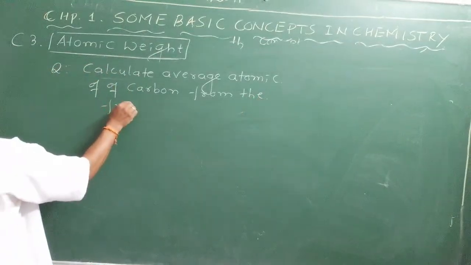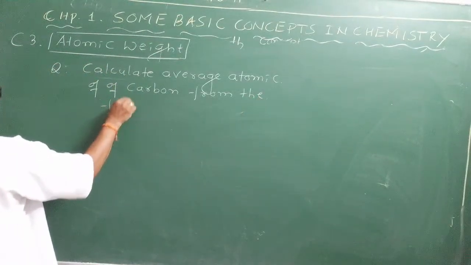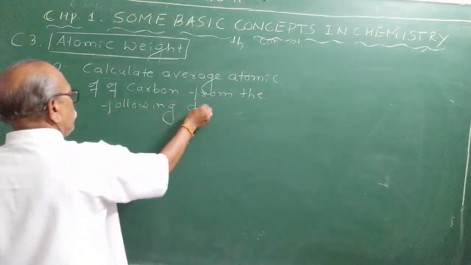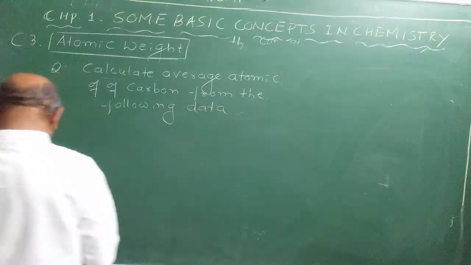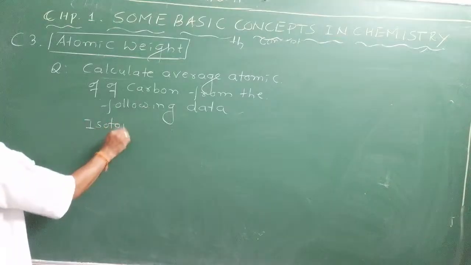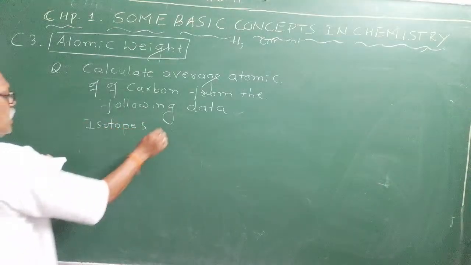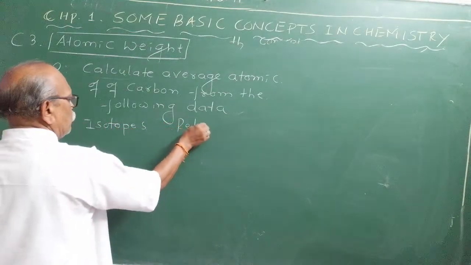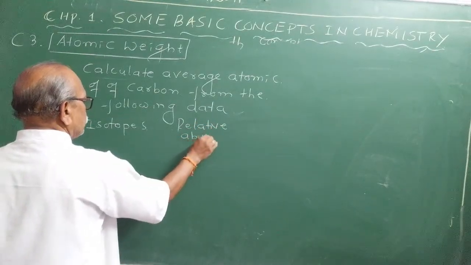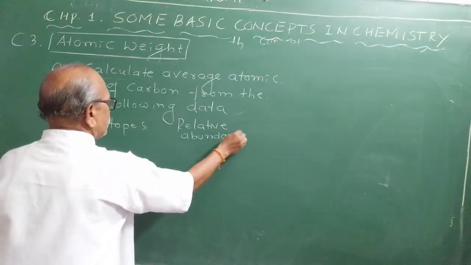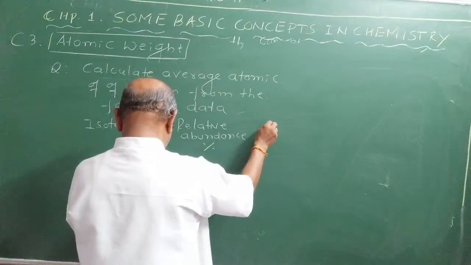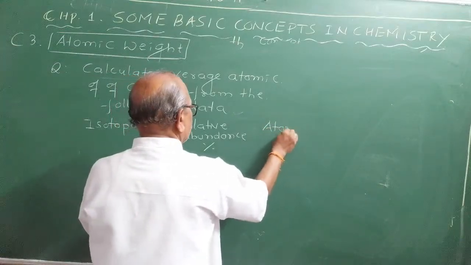You may be asked from the following data. Different isotopes will have different abundances. You take 3 columns: isotopes, relative abundance, meaning the percentage of abundance in the earth's crust, and atomic mass.